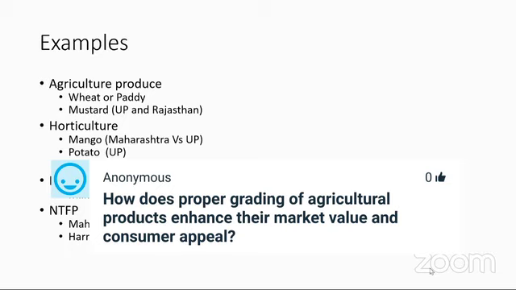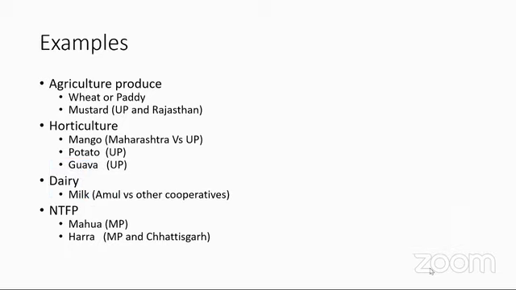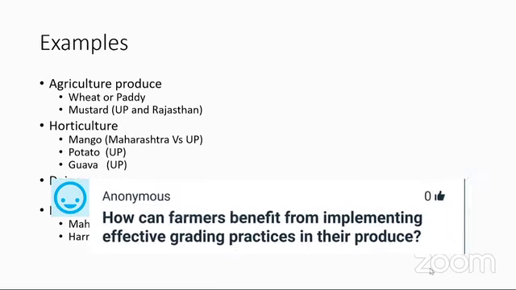So the next question is, how can farmers benefit from implementing effective grading practices in their produce? I think it will give you better price realization and transparency in price.